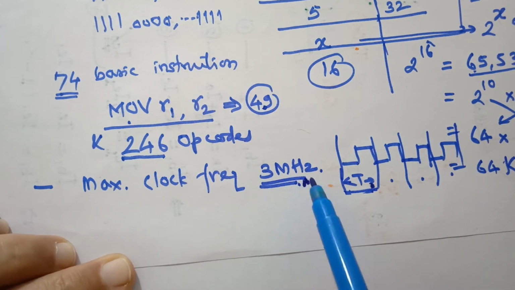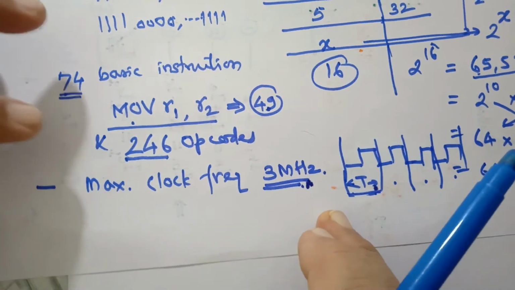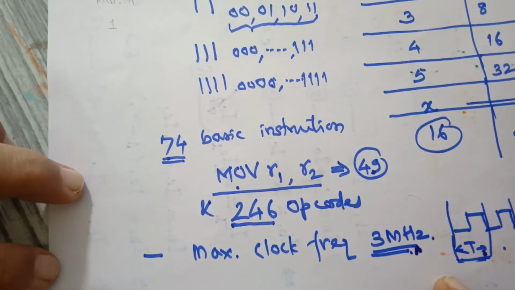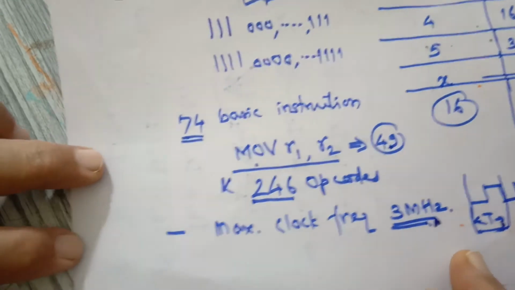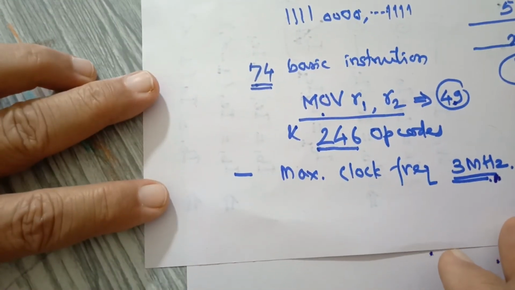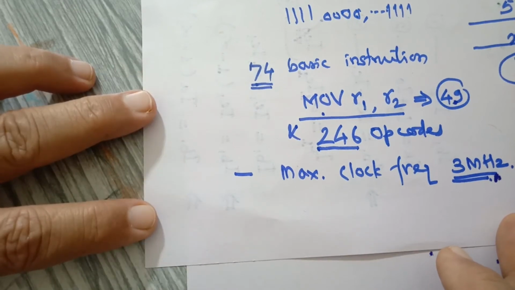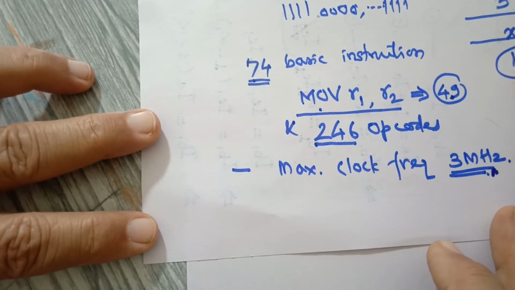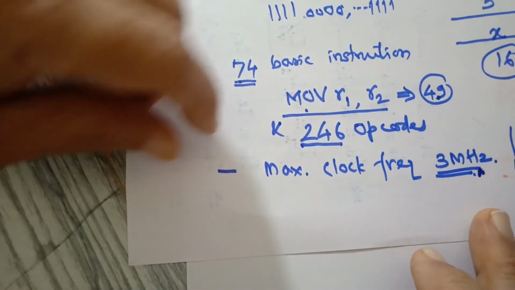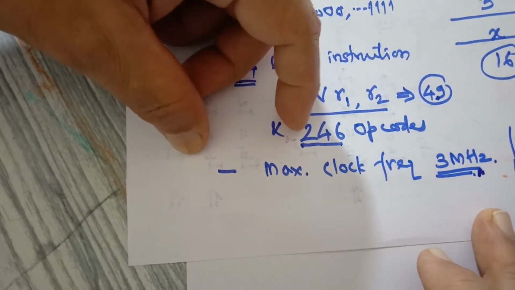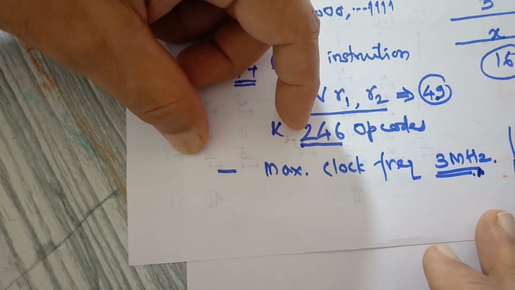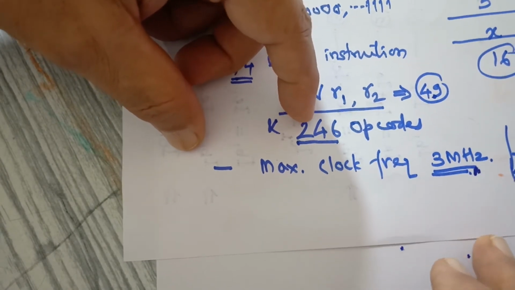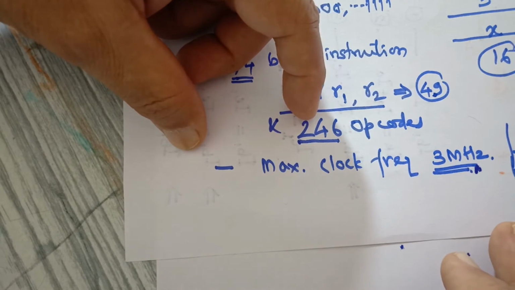So these are the important features of the 8085 microprocessor. It is not used commercially nowadays, but it is used for training purposes, and we call it a generic microprocessor because once you understand the working of a simple microprocessor, then you can understand the working of any other microprocessor.